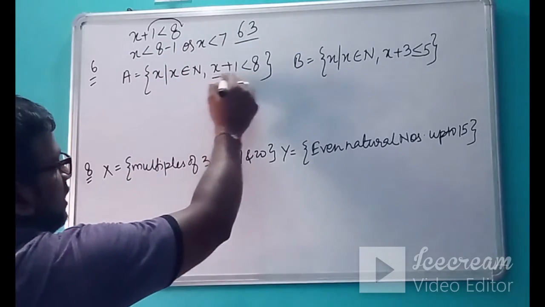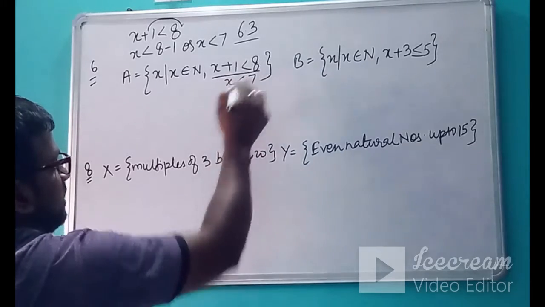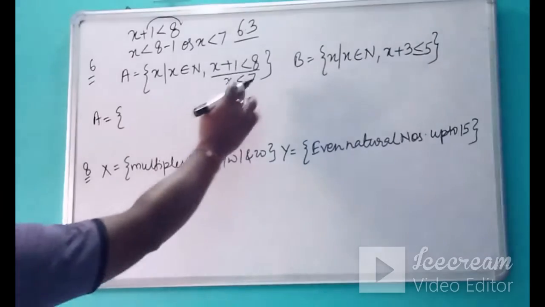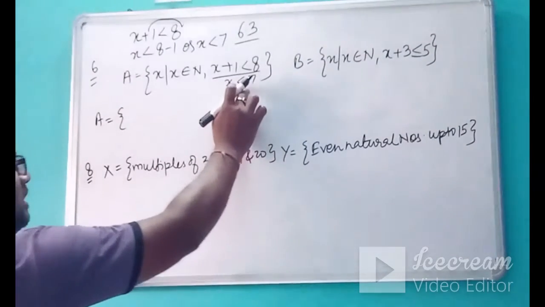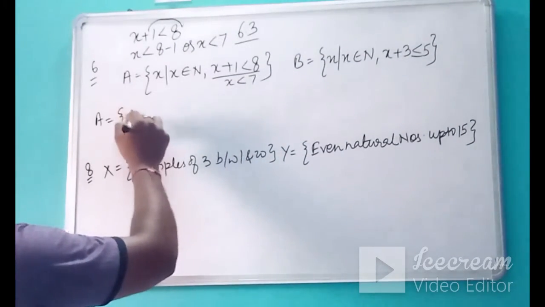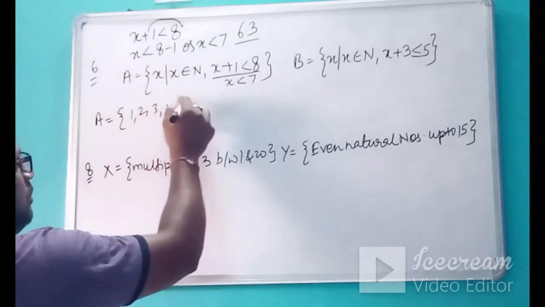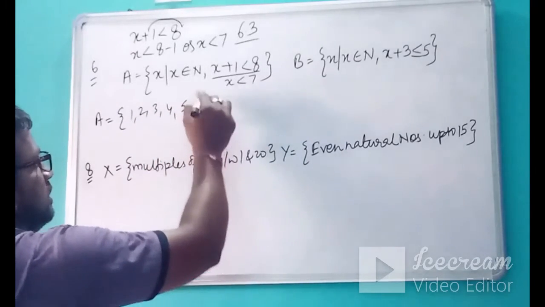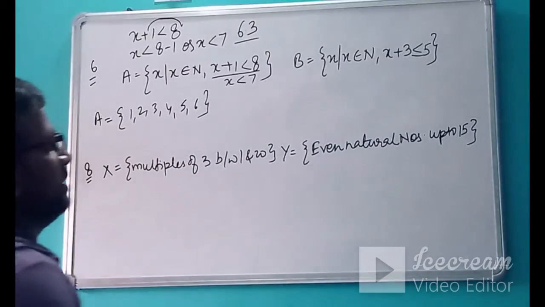That means it is actually x less than 7. So we have to write all the natural numbers which are less than 7. That is 1, 2, 3, 4, 5, 6 and only till 6 because it is less than.